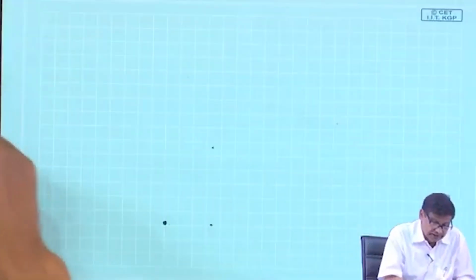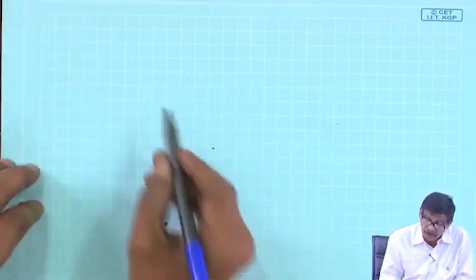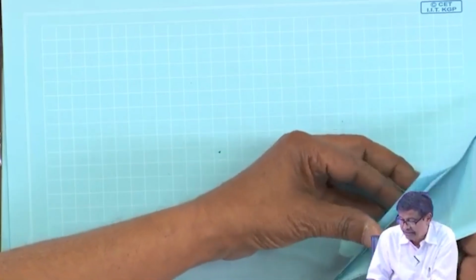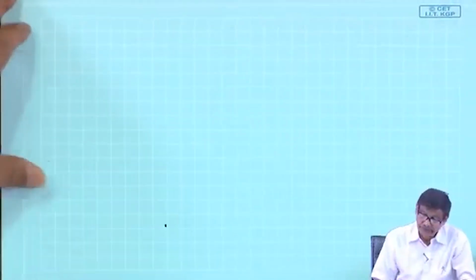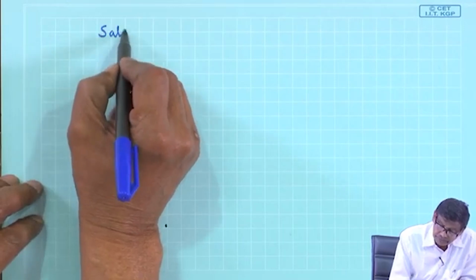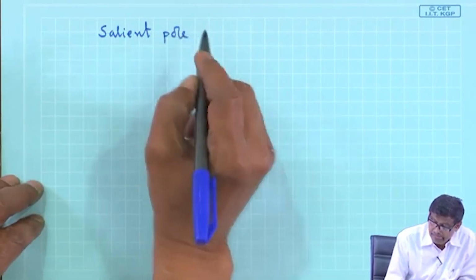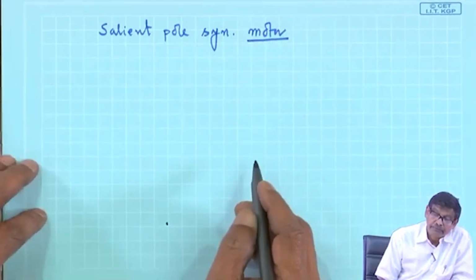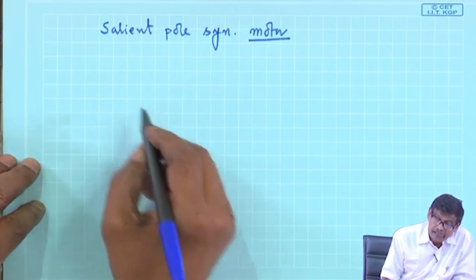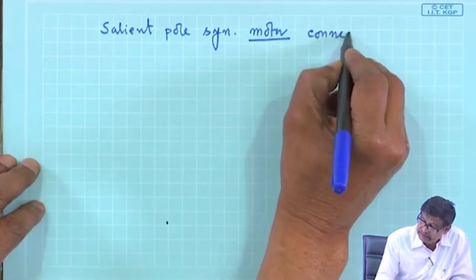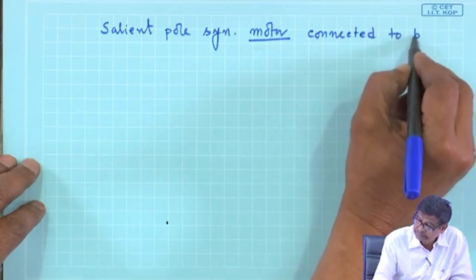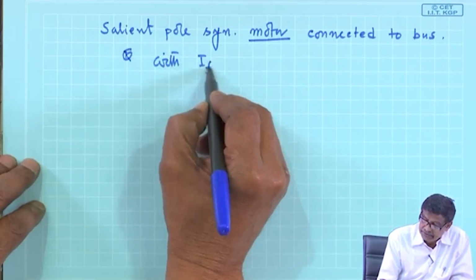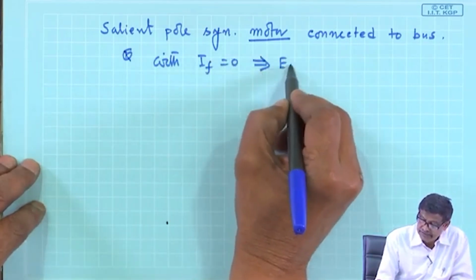Okay. Now, similarly, let us draw the phasor diagram of a salient pole synchronous motor connected to bus and field current brought to 0. So, a salient pole synchronous motor, now it is operating in motor mode, connected to bus, and with IF equal to 0, which implies that EF is equal to 0.